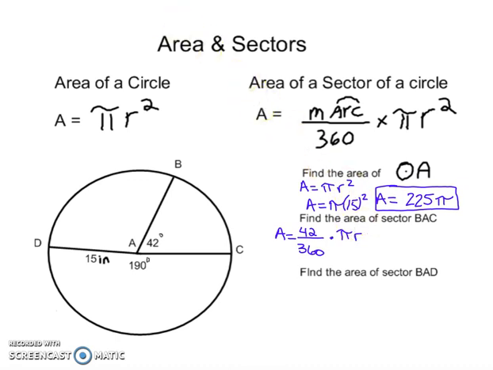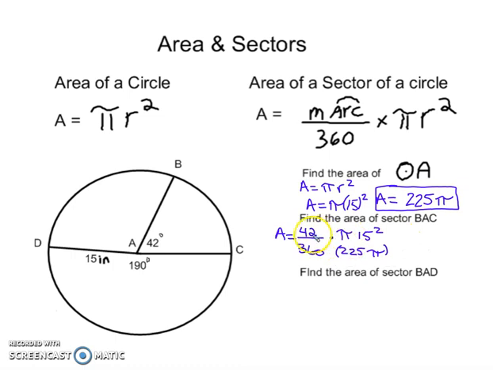And I'm actually going to put our r value in, which is 15. So we're going to have pi 15 squared. And that, when you plug it in your calculator, remember we just did it above, is 225 pi.